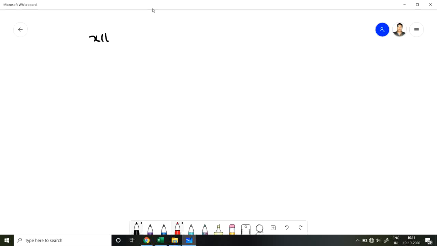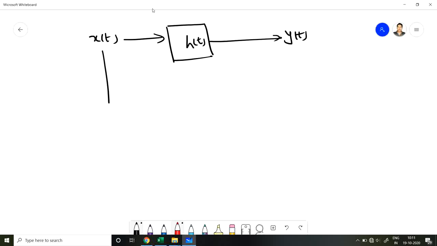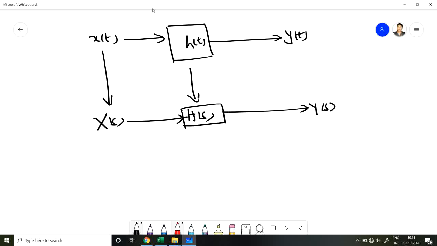Now this is the input x(t), this is the impulse response h(t), and this is the output y(t). The Laplace transforms are X(s) and H(s), then Y(s) is nothing but X(s) multiplied by H(s), since y(t) is x(t) convolved with h(t).